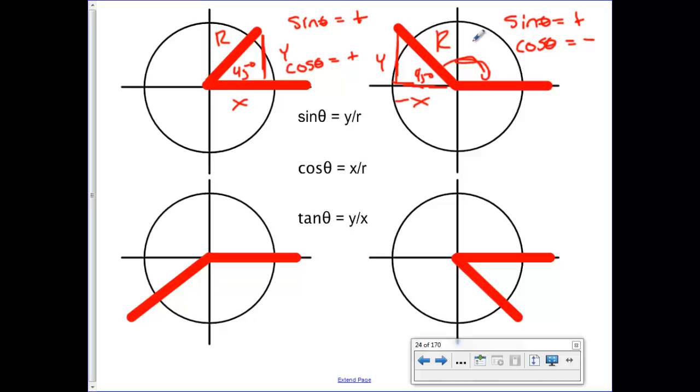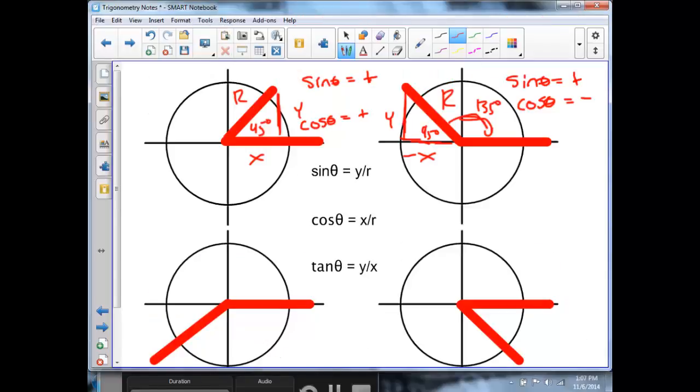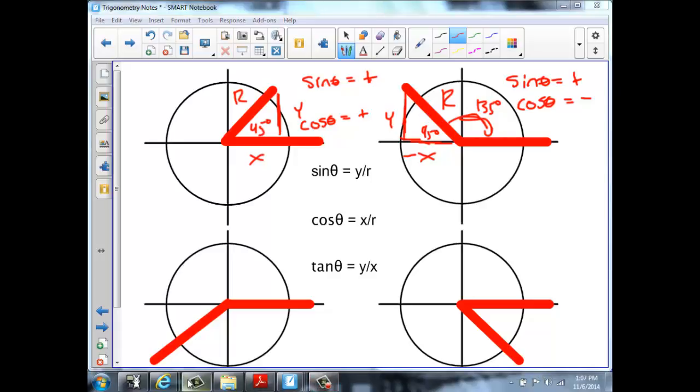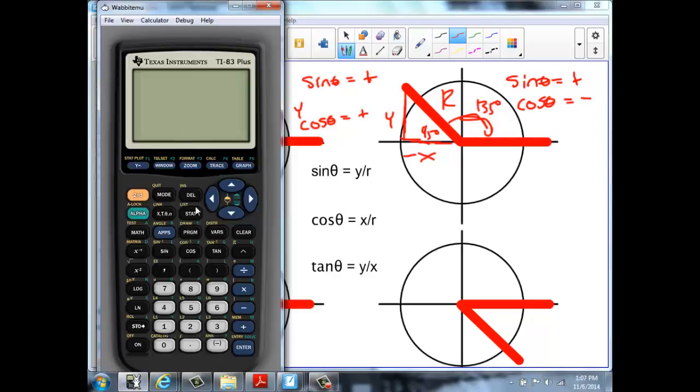Okay, let's test something here then. Let's type in sine of 45. Before I press enter, should it be positive or negative? Positive. Okay. Well, now let's do the sine of 135.